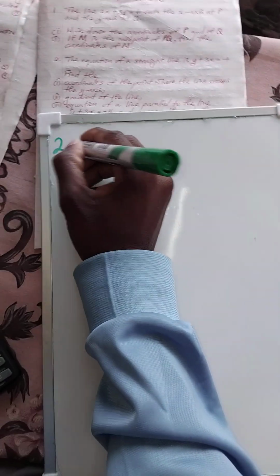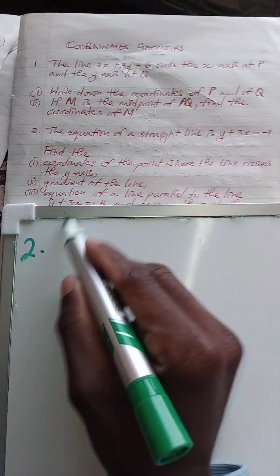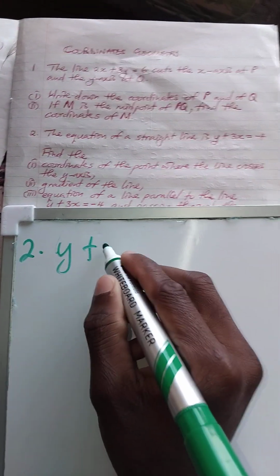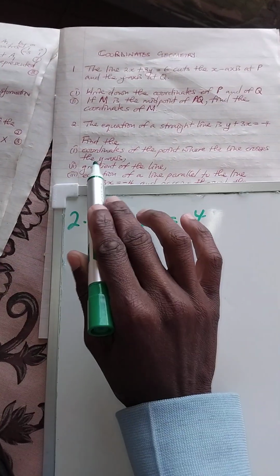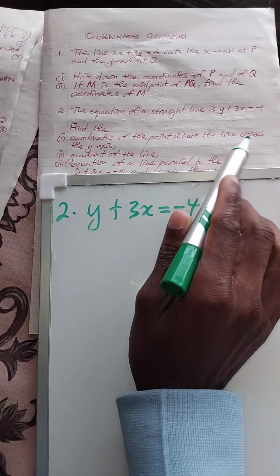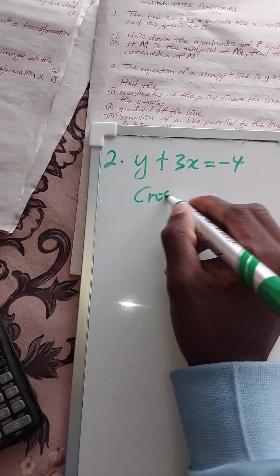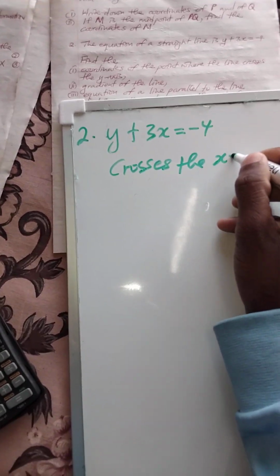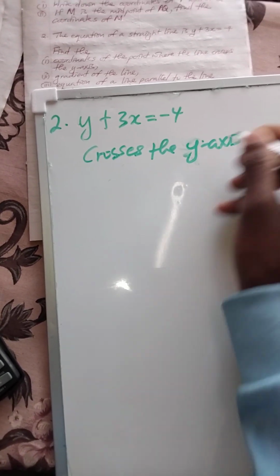Then number 2: the equation of a straight line is y plus 3x is equal to minus 4. Find the coordinates of the point where the line crosses the y-axis. When it crosses the y-axis, x is 0.